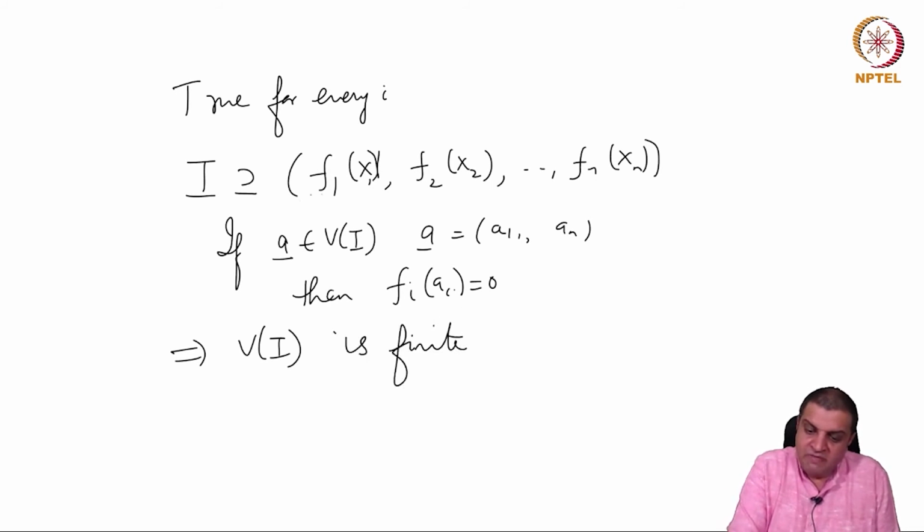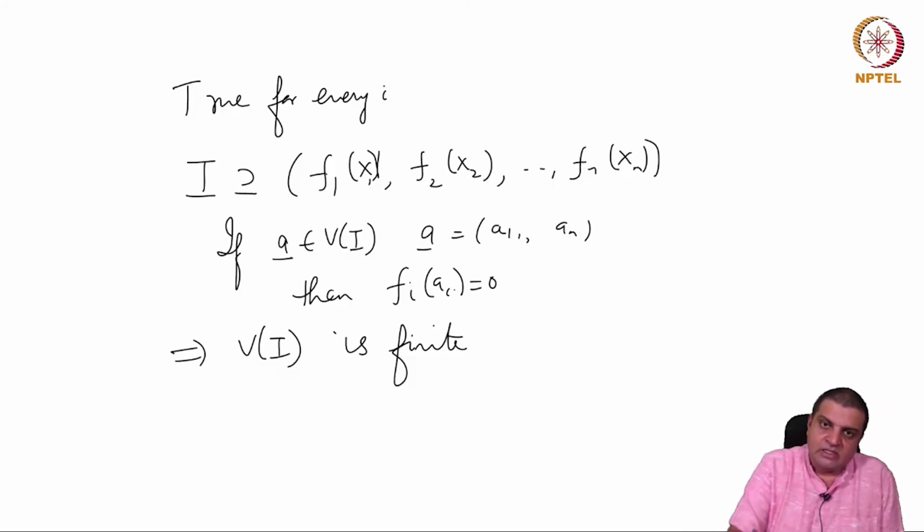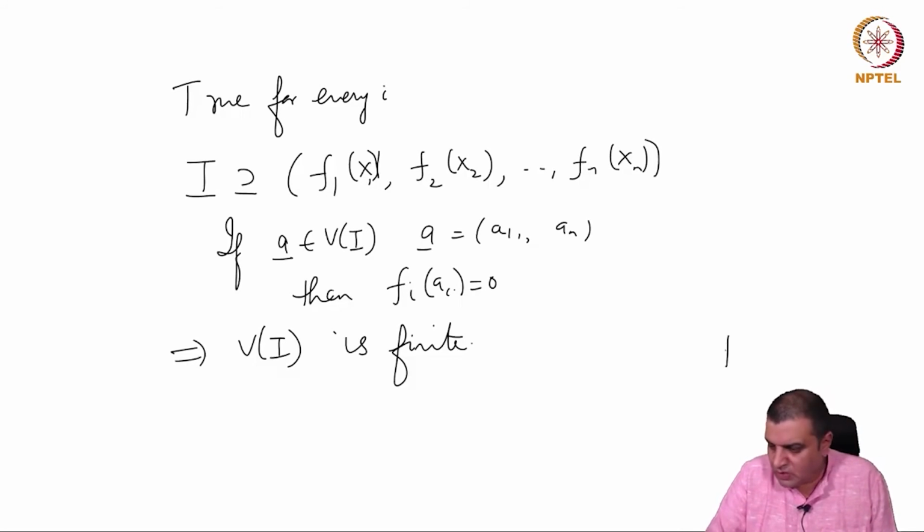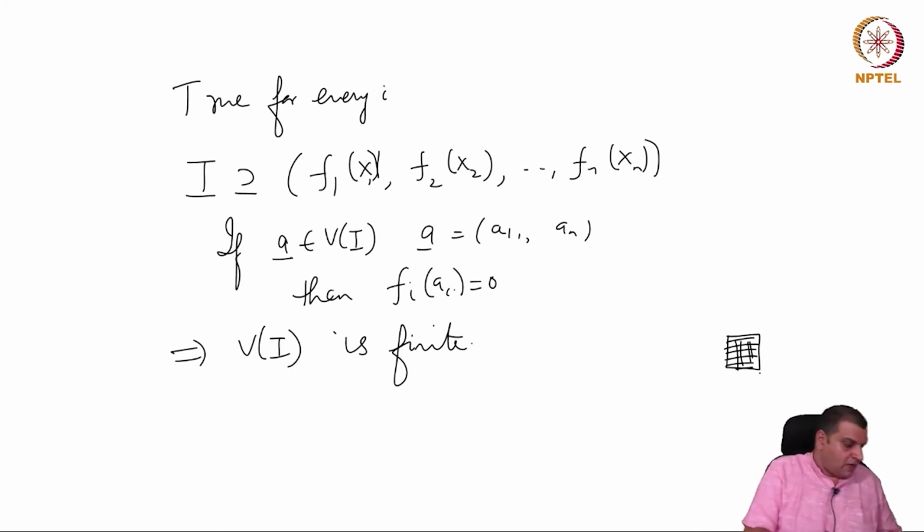The point is that V of this ideal is a finite set. Therefore, any ideal containing it will also have a finite set. So this is a useful application of the things that we discussed so far for this problem about determining if there are finitely many solutions.